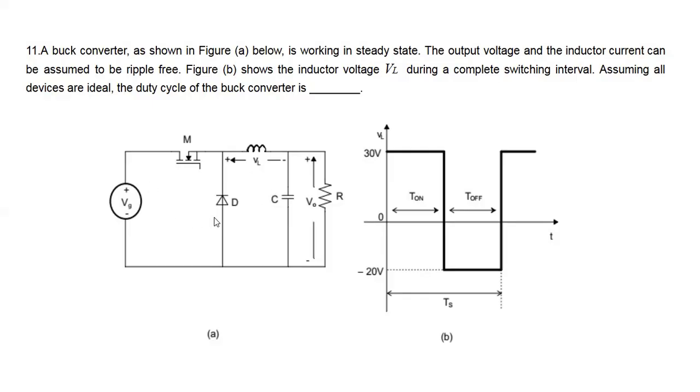So the circuit given is the buck converter, and this waveform is the inductor voltage for one full cycle. The inductor voltage during the on period of the switch is given as 30 volts, and during the off period of the switch it is given as minus 20 volts. We need to find the duty cycle of the buck converter.